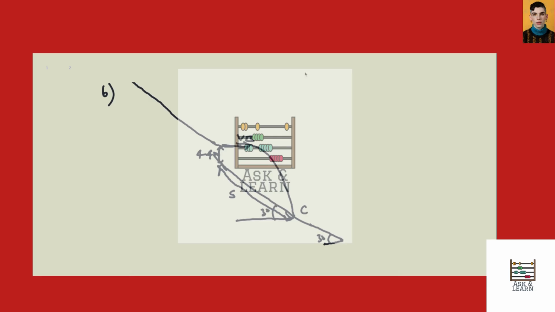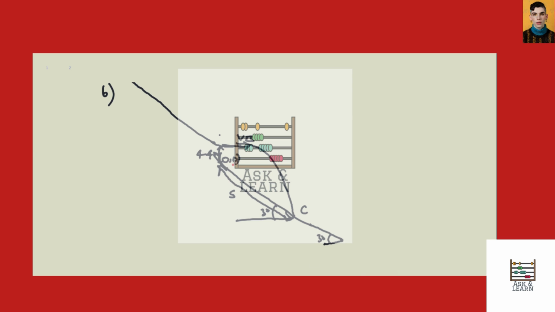So now we need to approach the problem. So first of all, we need to define the origin. We take the origin of the coordinates to be the point on the ground directly under the end of the ramp. So right at this point, we take our origin 0, 0.